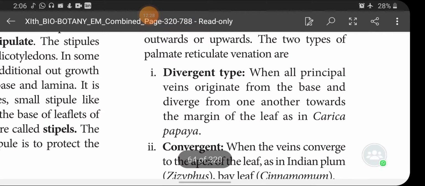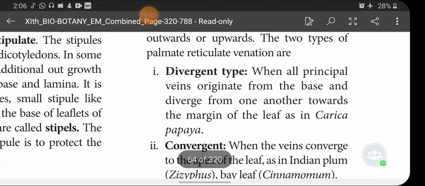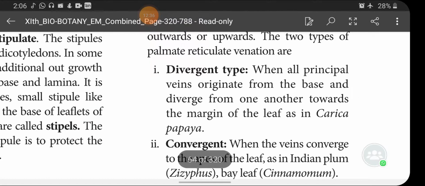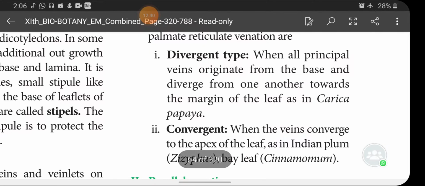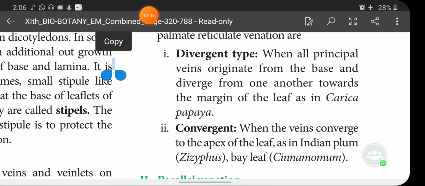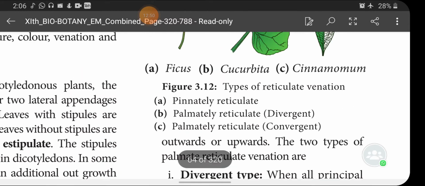When all the principal veins originate from the base and diverge from one another towards the margin of the leaves, it is called divergent, that is Carica papaya. Convergent, when the veins converge to the apex of the leaves, as in Indian plum, bay leaf, and it is called convergent.